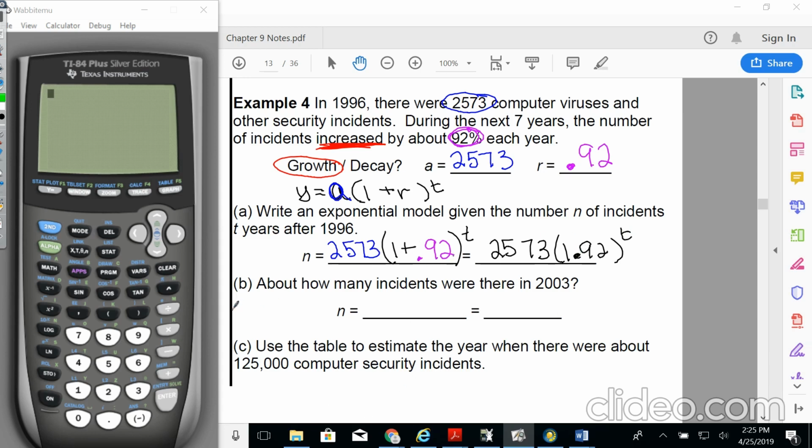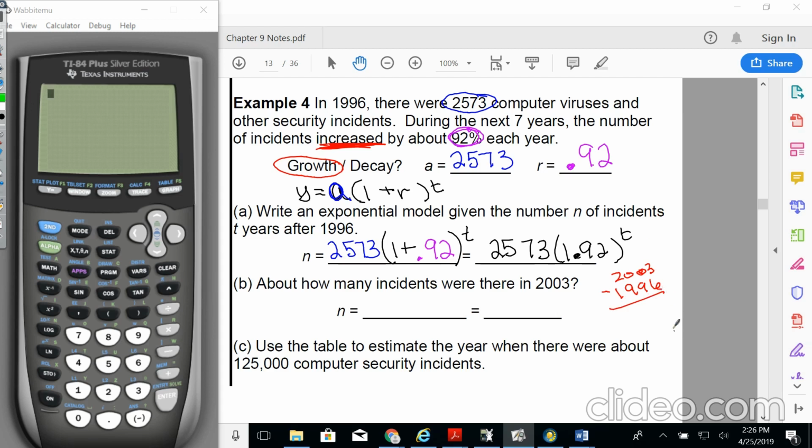So about how many incidences were there in 2003? So here we want to figure out what t is. If we're in 2003 and it started in 1996, how many years away is this?